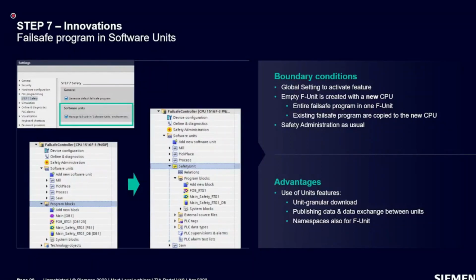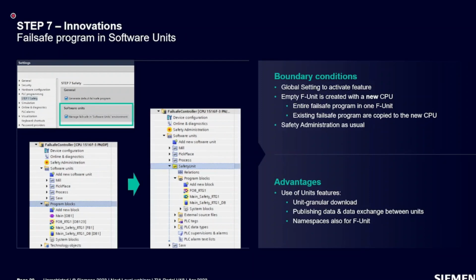Once you enable it, whatever safety program you have written is automatically moved to a new software unit called safety unit. What is the benefit of having a safety program in a separate unit? You don't need to rely on other programmers to complete their programs, and you can download it separately. So unit granular download is possible, and the namespace we saw in the earlier slide is also applicable to this.